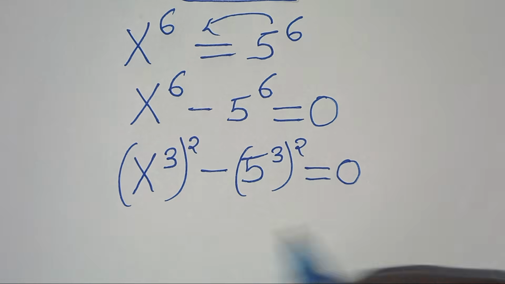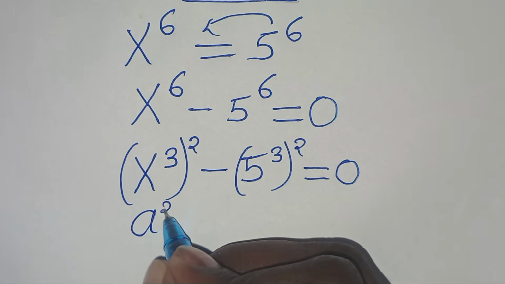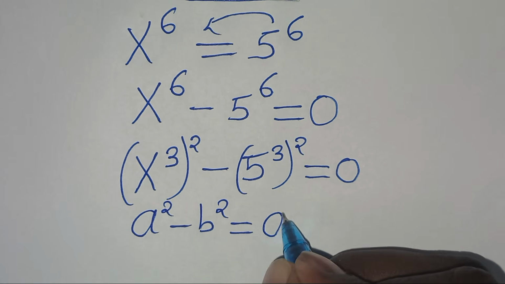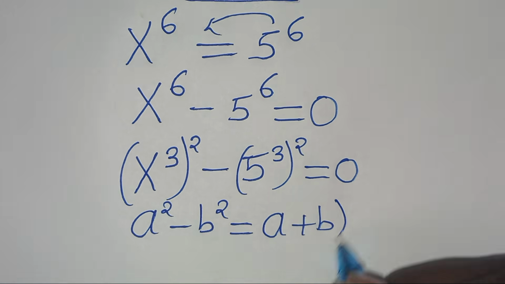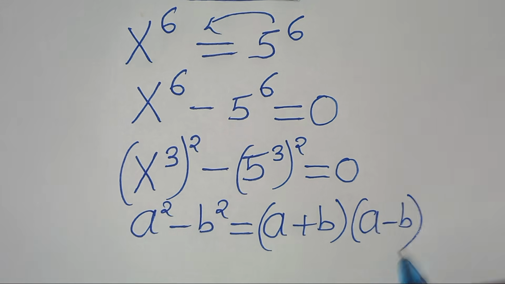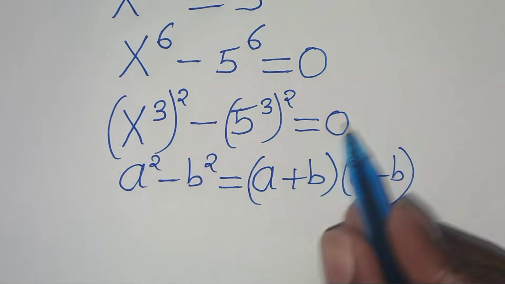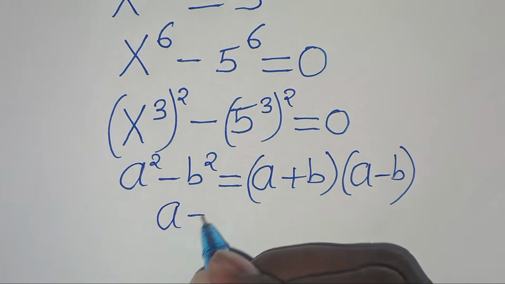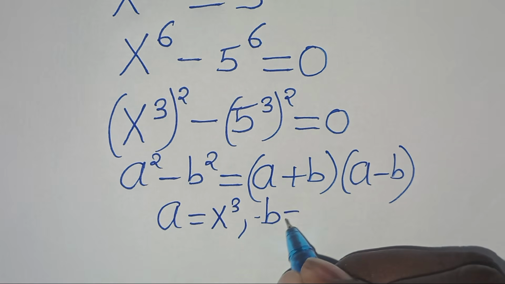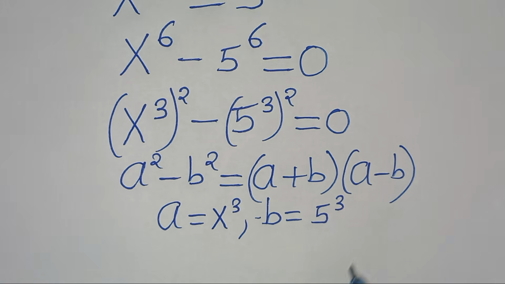This equation is of the form a to the power of 2 minus b to the power of 2, a difference of two perfect squares, which you can express as a plus b, then a minus b. From this, a is equal to x to the power of 3, and b is equal to 5 to the power of 3.